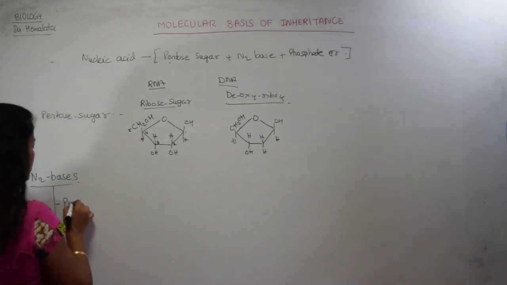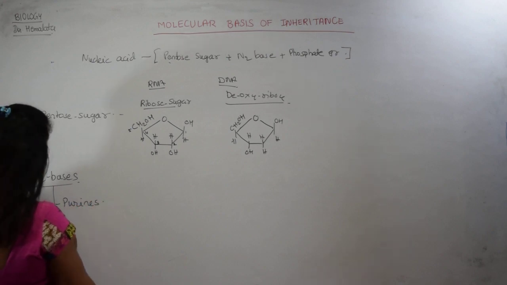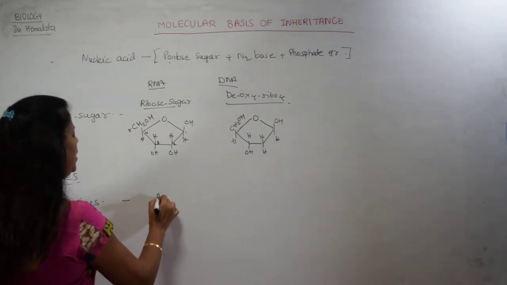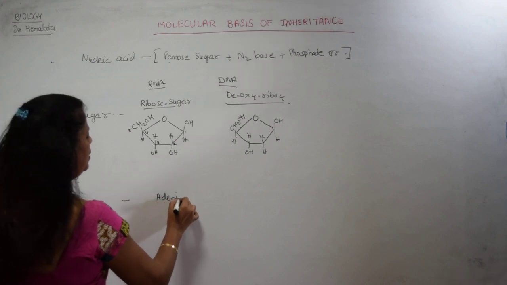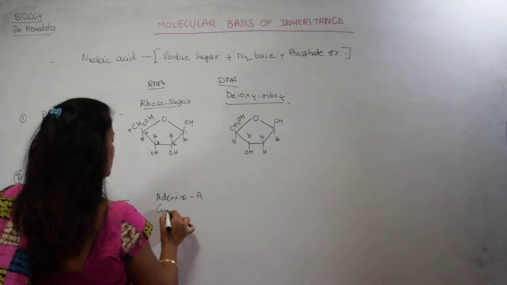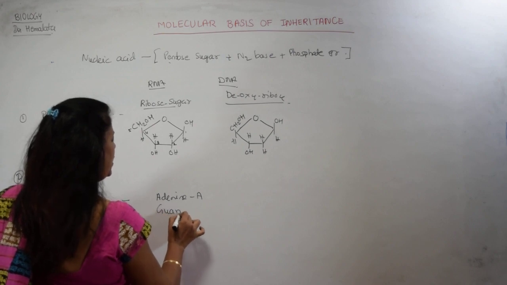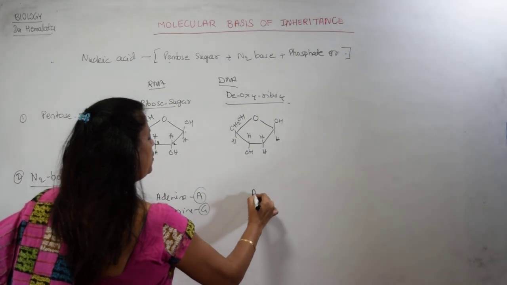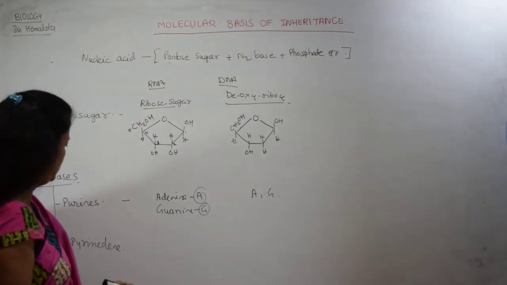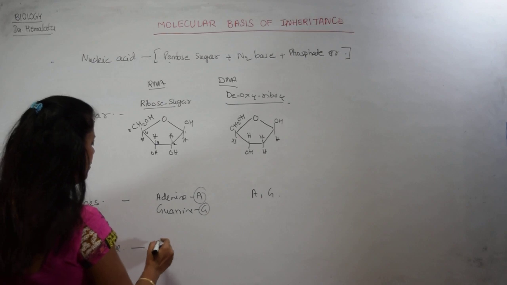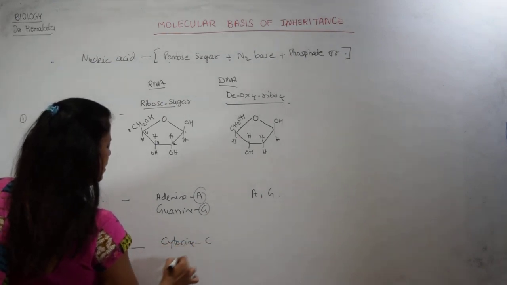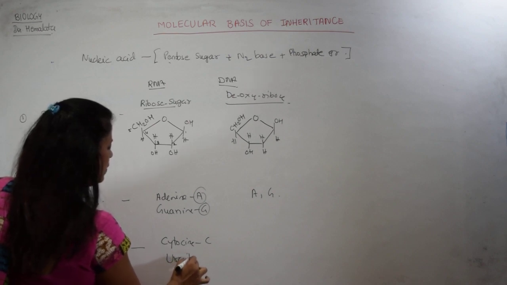The first are called purines. The second are called pyrimidines. The purines present in RNA are adenine, written as A, and guanine, G. Okay, A and G. Even in DNA you get adenine and guanine as purines. But the pyrimidines found in RNA are cytosine, C, and uracil, that is U.